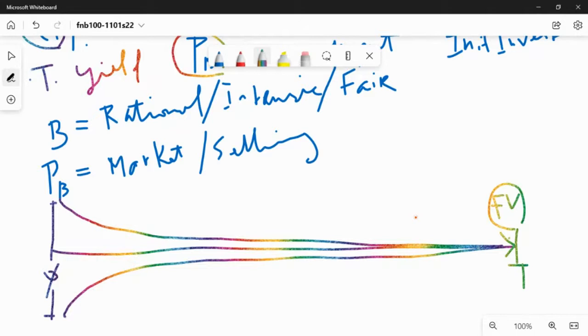If it is a premium bond, over the life of the bond, there will be capital loss. And over the life of the bond, there will be capital gains if it was originally a discount bond. This pattern is quite obvious, right?